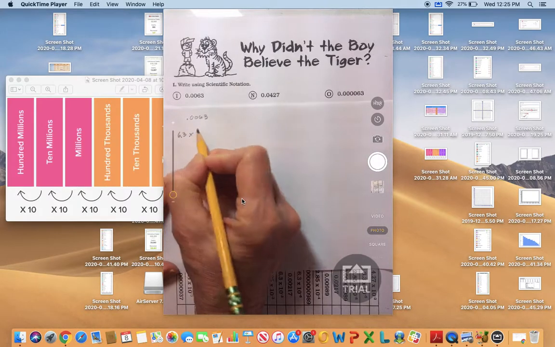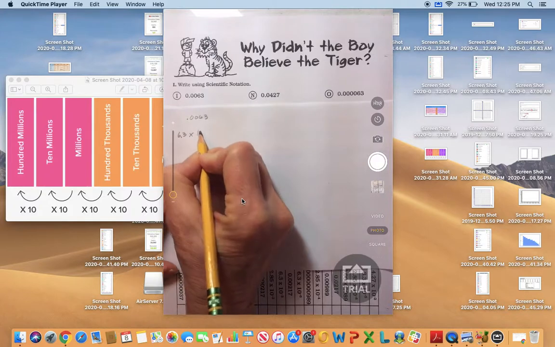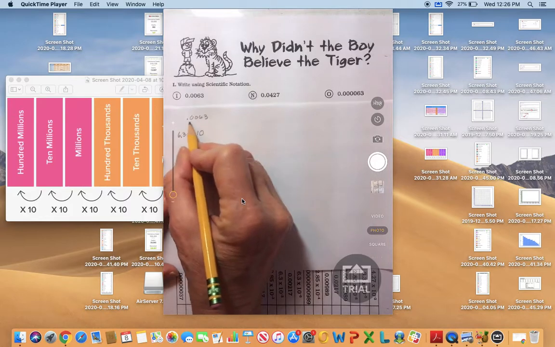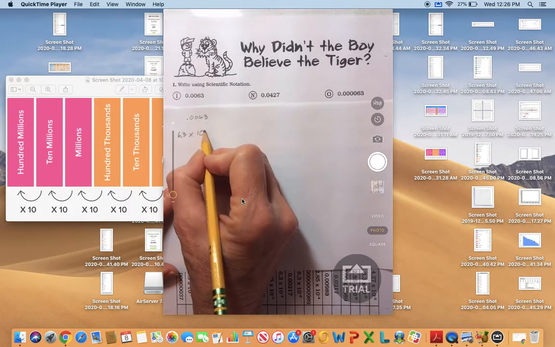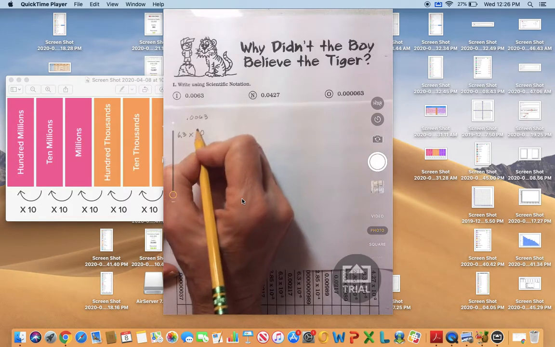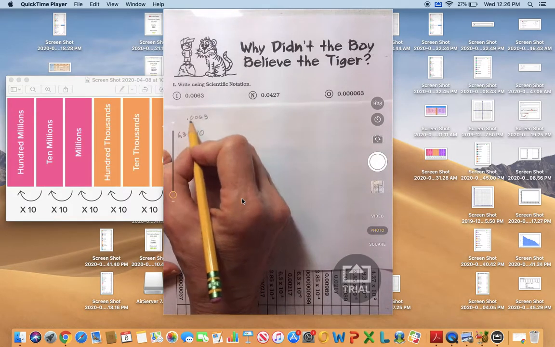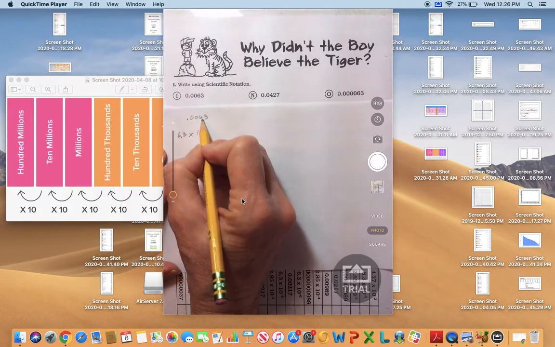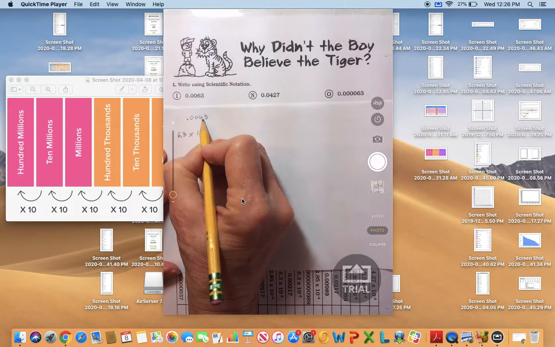And then let's go ahead and write the times and write the base 10, because we know that will always be the same. What we need to figure out now is what will the exponent be? We know that because we're working with a really small number, it's going to be a negative exponent, whatever it is. Let's see how far away from the original decimal point our new decimal point is.